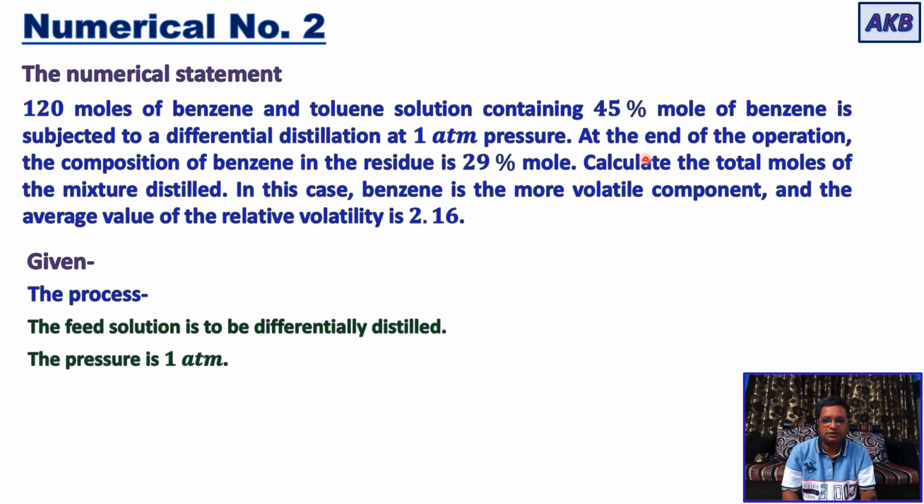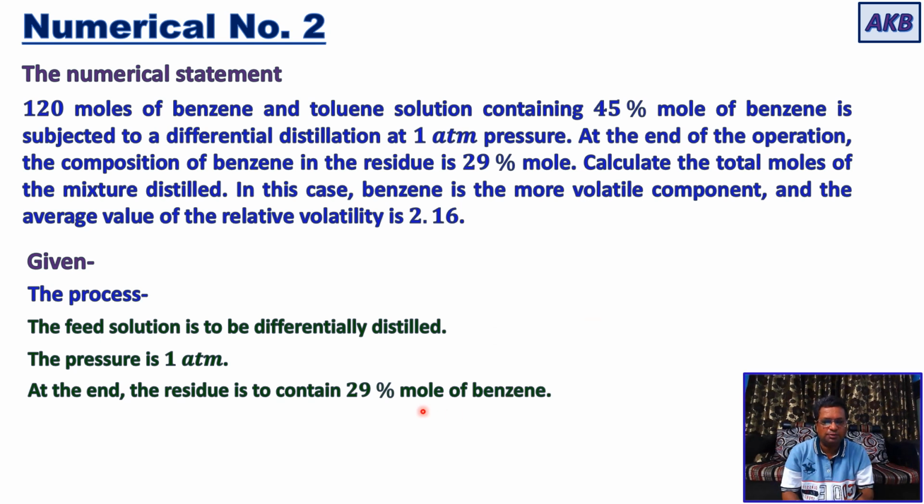This operation is carried out at a pressure of 1 atmosphere, and at the end of this operation the residue is to contain 29% mole of benzene. So from this we can note down P as 1 atmosphere, total pressure is 1 atmosphere, and then we can note down XW, that is mole fraction of benzene, mole fraction of more volatile component in the residue, which we denote as XW. XW is 0.29.